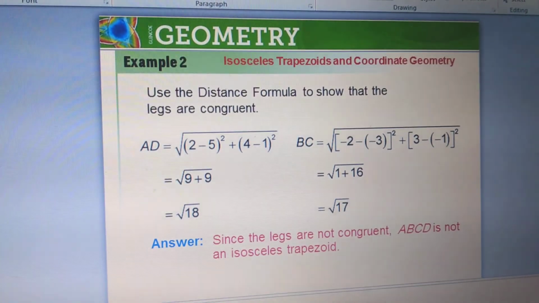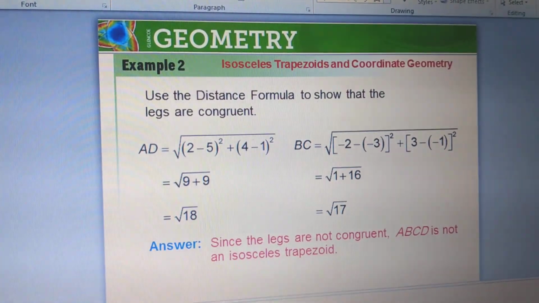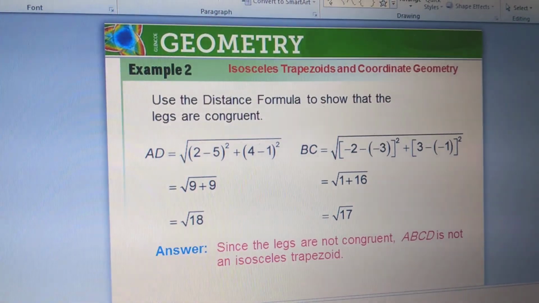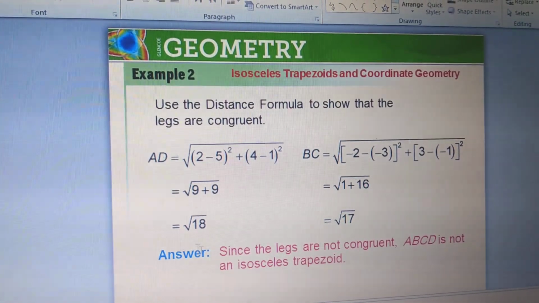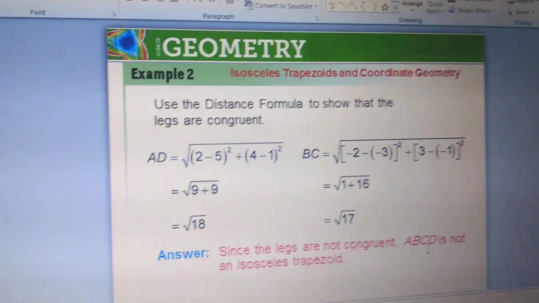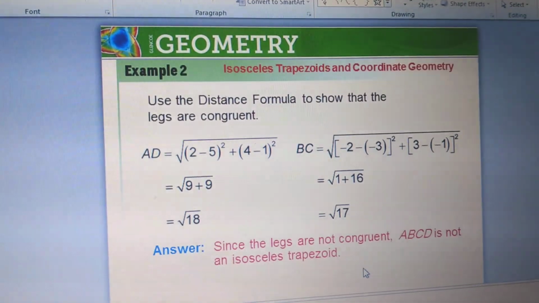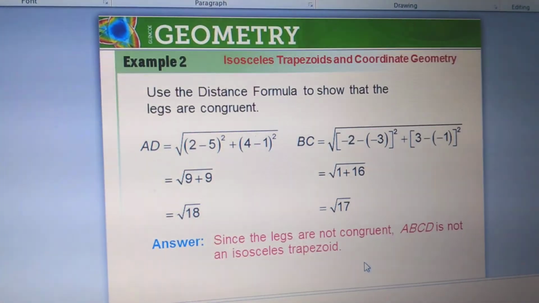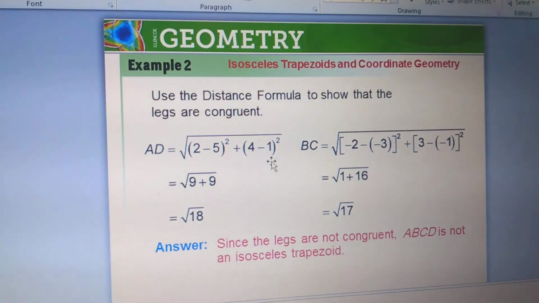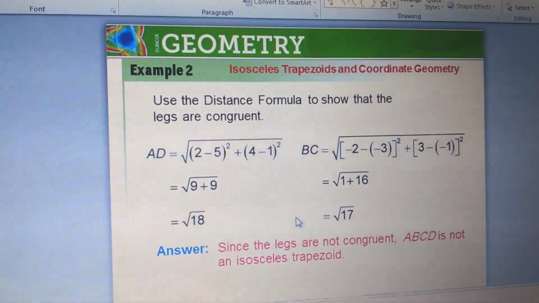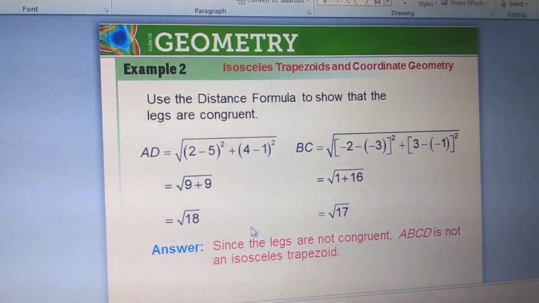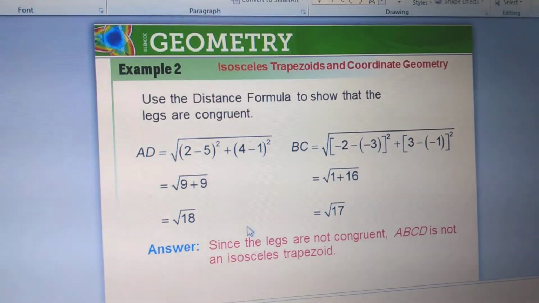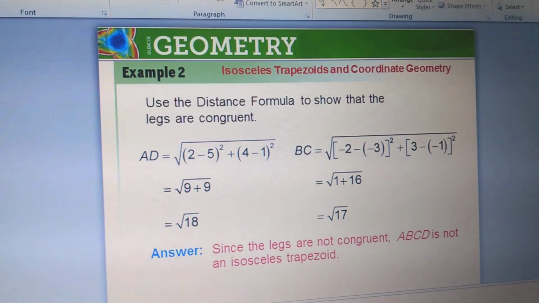Here he used them. AD equals square root of 18, BC equals square root of 17. The legs are not congruent. This means ABCD is not an isosceles trapezoid. To be an isosceles trapezoid, AD and BC must be congruent. And as you can see here, they are not congruent. This means it is not an isosceles trapezoid.